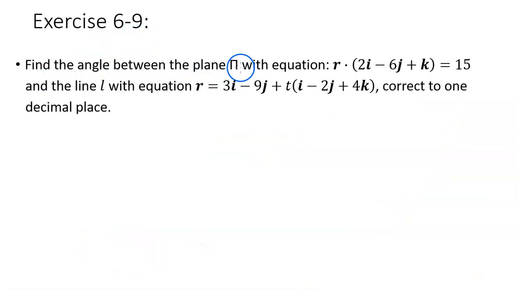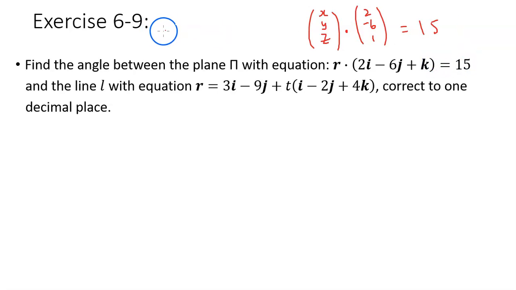Find the angle between the plane pi with this equation here and the line L with this equation here, correct to one decimal place. I'm going to write that in a way that I prefer. So (x, y, z) dotted with (2, -6, 1) is equal to 15. Or, of course, another way to write that is 2x minus 6y plus z equals 15.